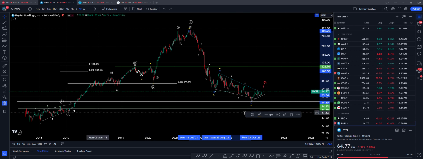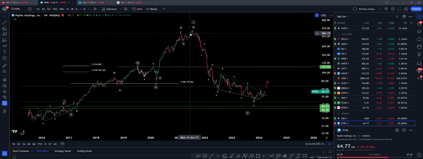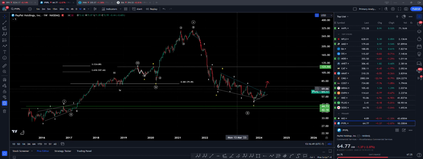So we talked about leading diagonals being in the wave 1 and ending diagonals being in the wave 5. There is another rule to remember, that the leading diagonals can be in the wave A as well. While this was not a leading diagonal, it was a very clear impulse. It could have been like this, that the 4 overlapped with 1 and we had a very choppy drop, B, and then a choppy drop, but it was an impulse down.